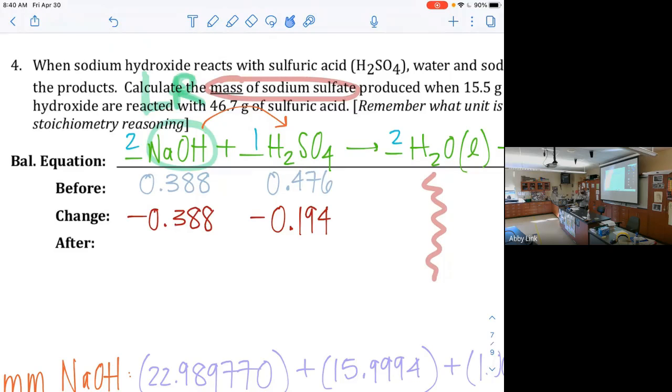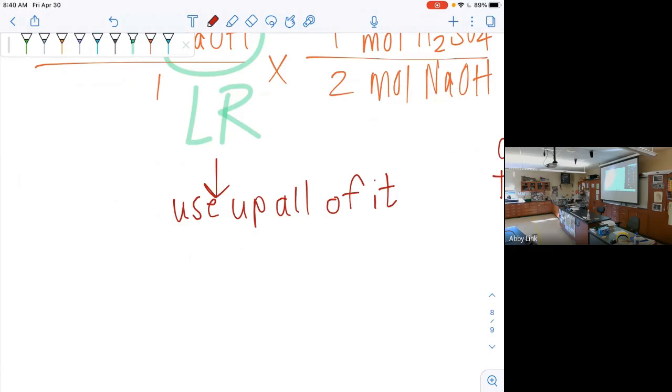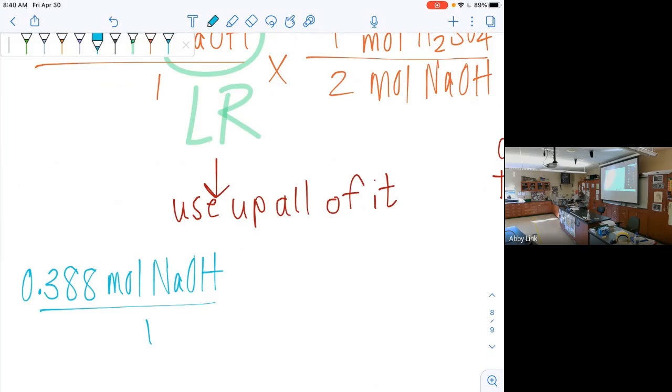So what that tells me is I'm going to use that 0.388 moles of NaOH to figure out how many moles of my sodium sulfate I'm going to produce, okay? So again, I'm going to do another mole-to-mole calculation down here. So 0.388 moles NaOH, limiting reactant.